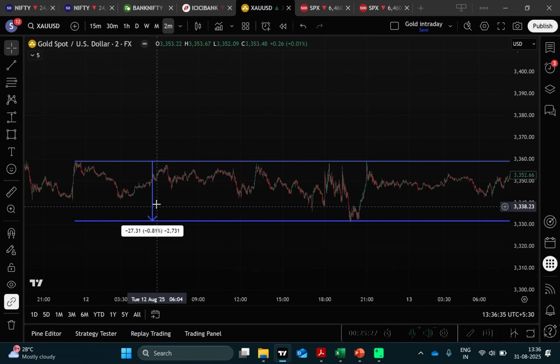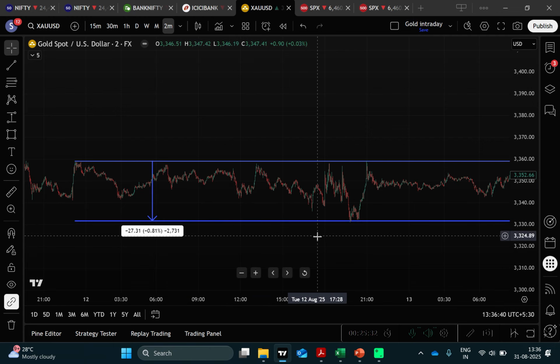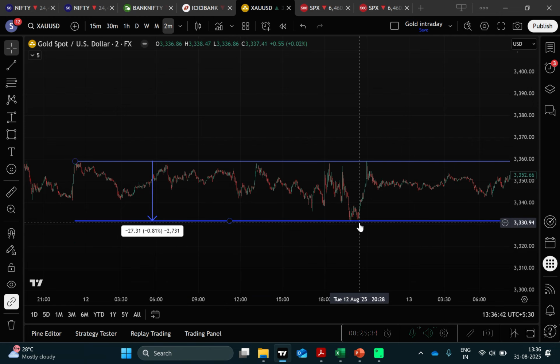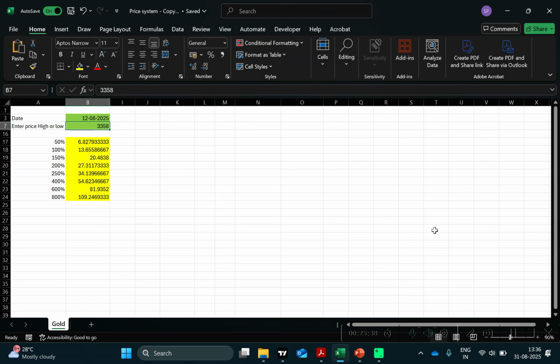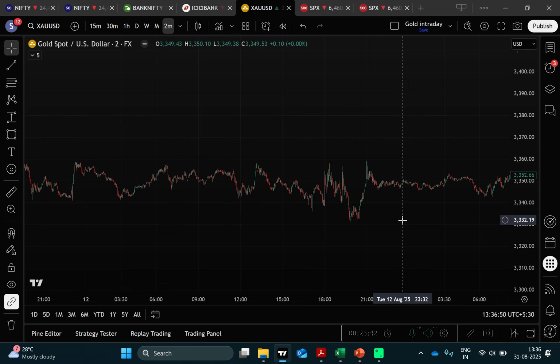On this particular day, the market stayed in a range, but we got our range calculation correct. Okay, 27. Let's check a couple more days.